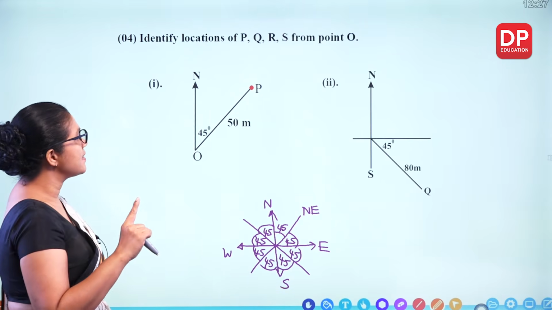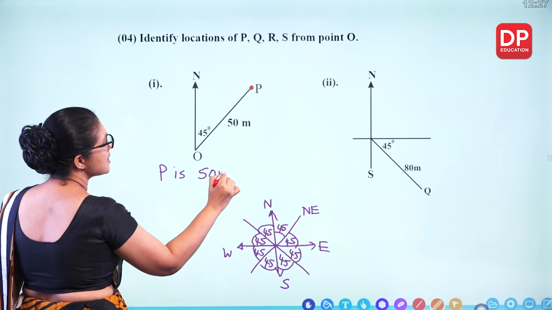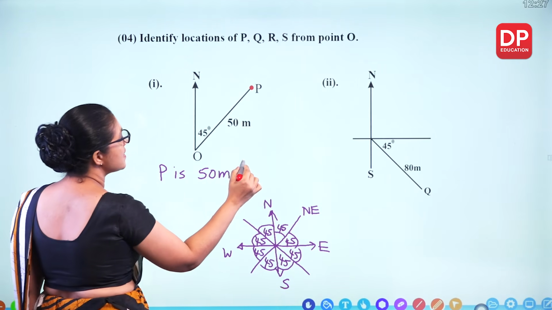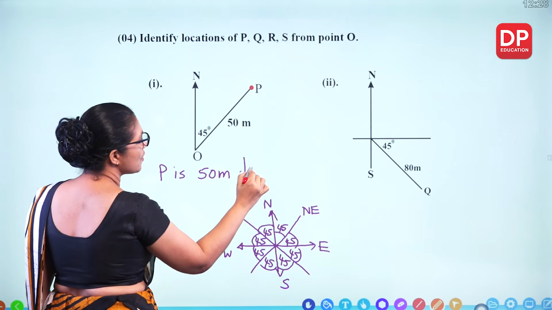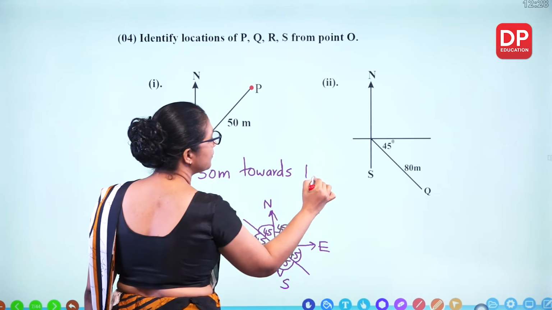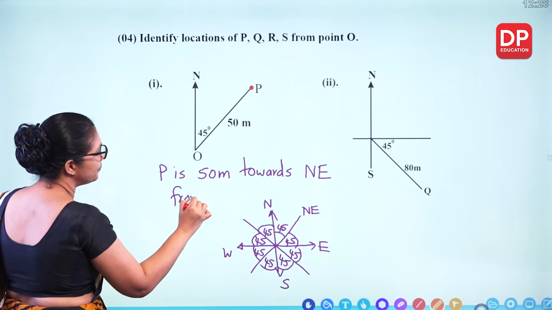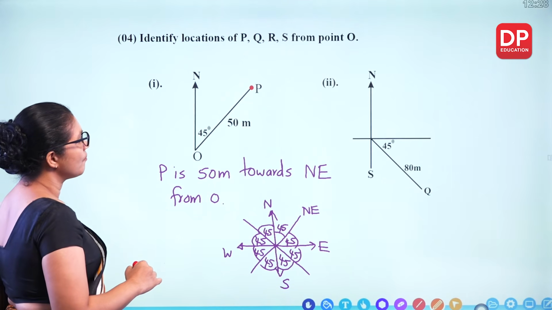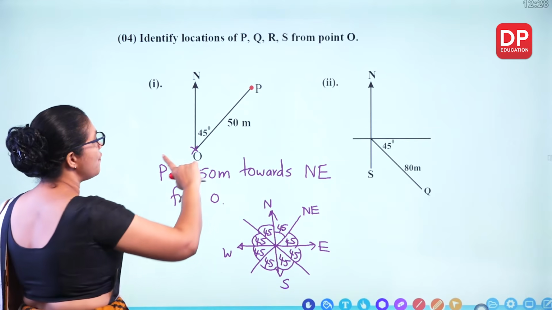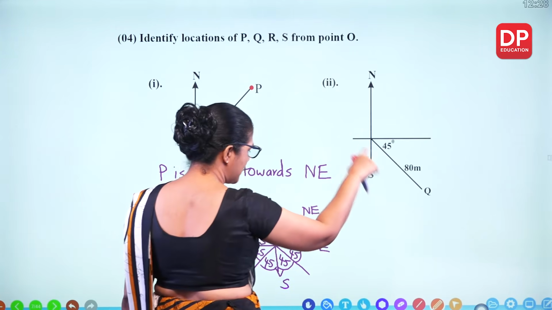Northeast. So we can say P is 50 meters towards northeast from O. This is the starting point O, 50 meters. What about this one? What is this direction?